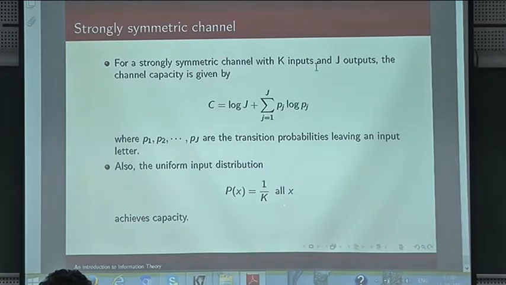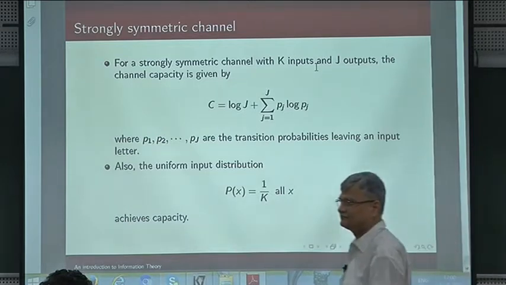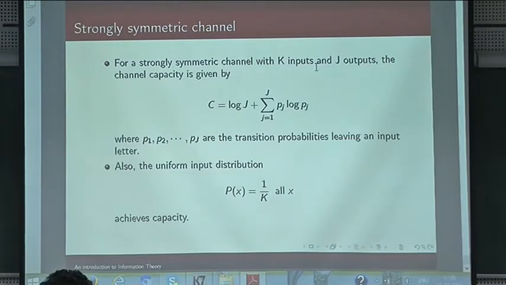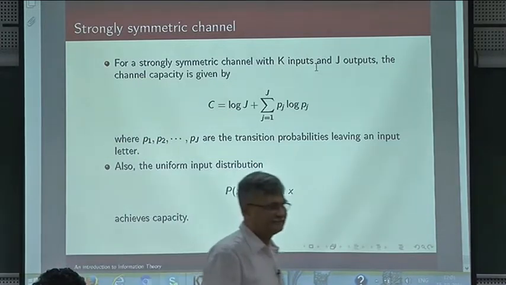That input distribution is px equal to 1 by k. So, this particular input distribution will achieve the maximum mutual information, and it will also achieve the maximum possible output entropy. So, that means it is a capacity achieving distribution.